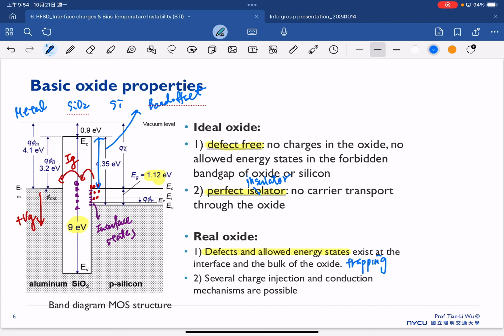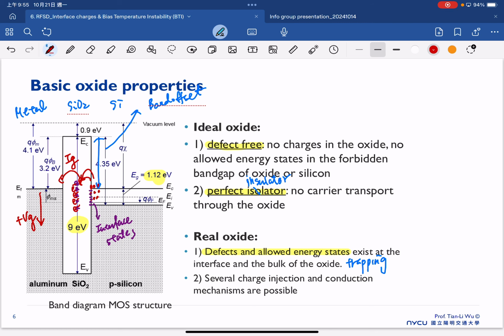Trapping means that once electrons are injected here, the electron might not immediately move away, because the defect is like a vacancy, an empty seat, so the electron might stay there for a while.